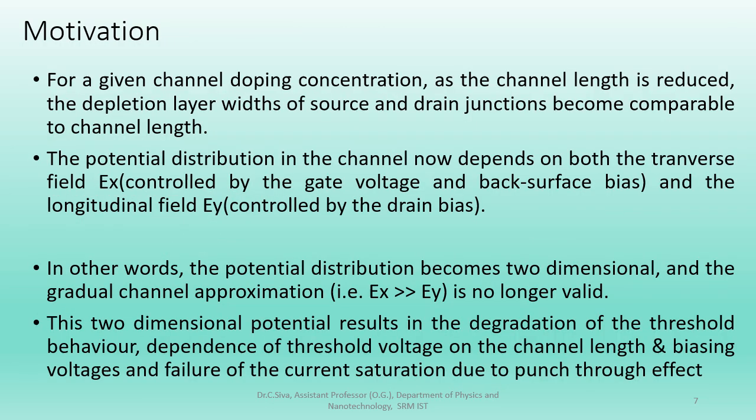As the channel length is reduced, source and drain depletion regions become comparable to the total channel length. The potential distribution becomes two-dimensional and depends on both the transverse electric field, which is gate controlled, and the longitudinal electric field, which is drain controlled.